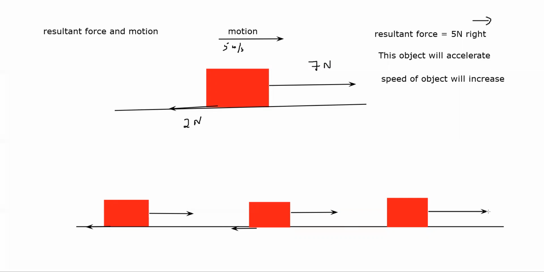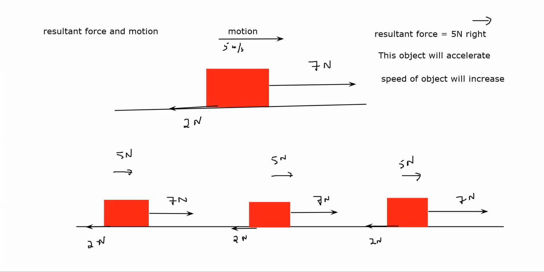You continue applying a force of 7 Newton and the friction remains 2. So what is the resultant force at this point? The resultant force is 5 Newton. What is the resultant force here? That's also 5 Newton. If the resultant force is constant, the acceleration will also be constant. The change in speed will be constant.